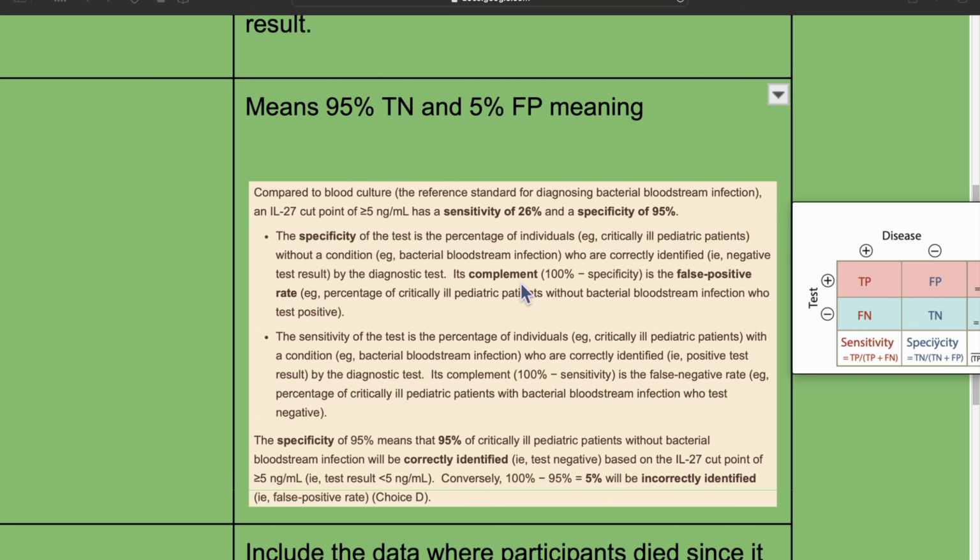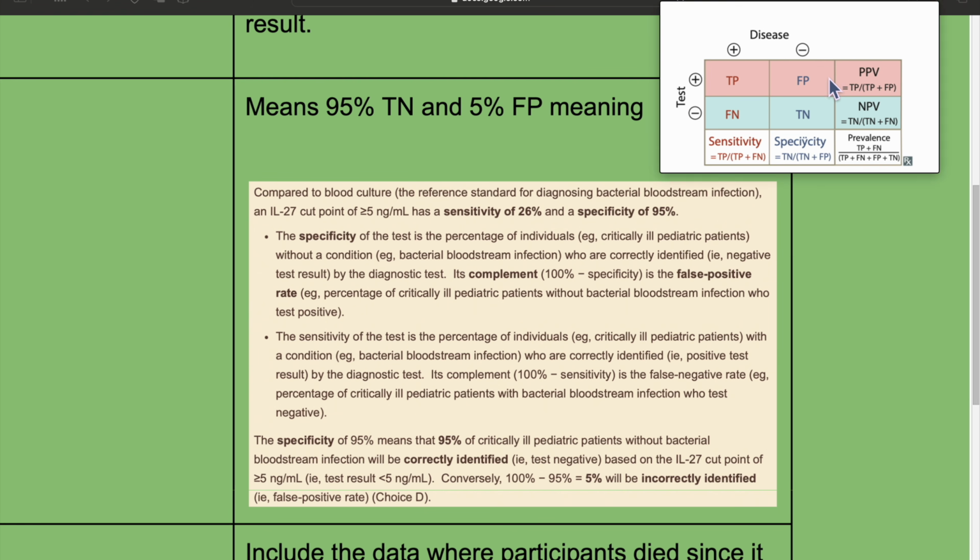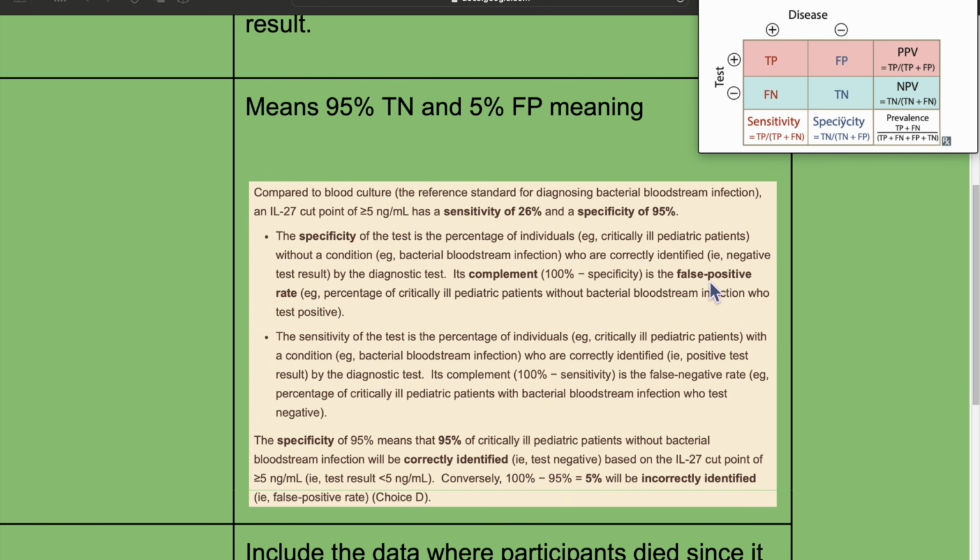Its complement, that is 100% minus specificity, is the false positive rate. For example, the percentage of critically ill pediatric patients without bacterial bloodstream infection who tested positive.